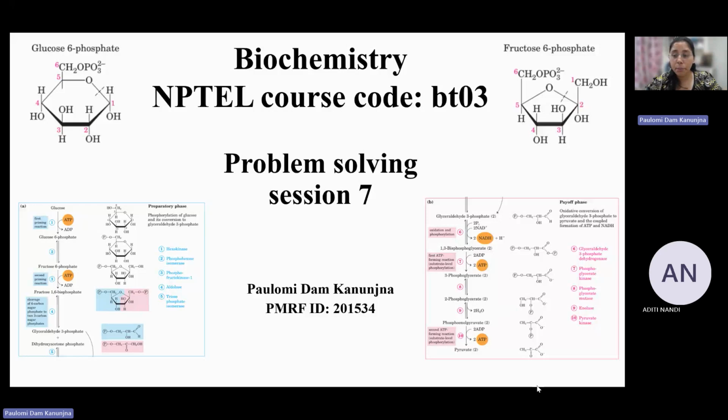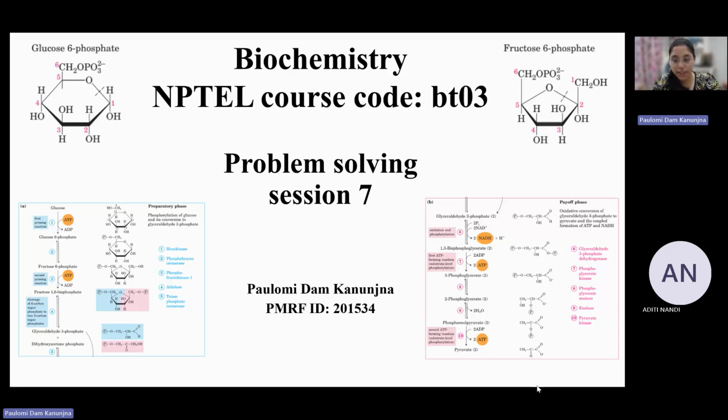The pathway in itself will take one class each if we are to go into the details of each of these pathways. So we won't be doing that because this is a problem solving session, and more than this it's a revision session. I have all the pathways, all the steps in the slides.